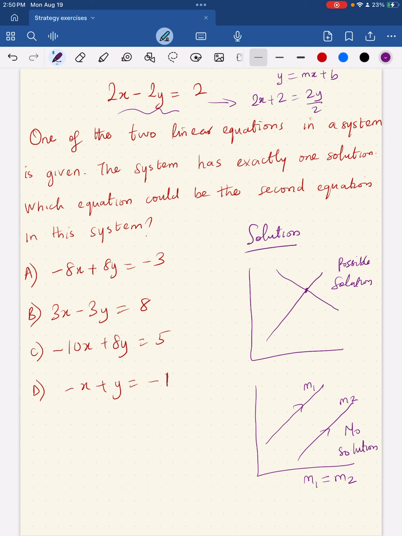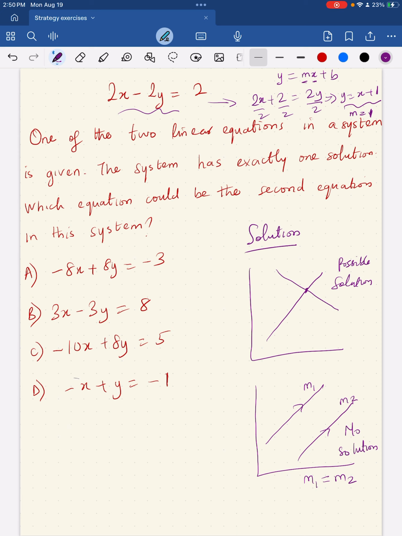Now if you divide through by 2, you have that y equals x minus 1. Now if y equals x minus 1, then the m here is 1, because m is the coefficient of x. All right, so we have that m is 1 here. So any equation we try to find, the slope must not be 1.